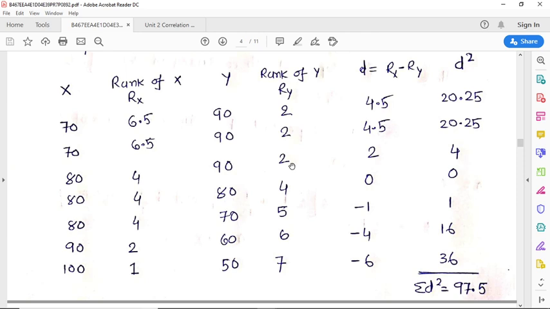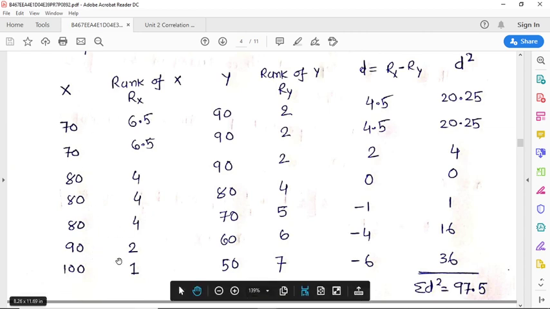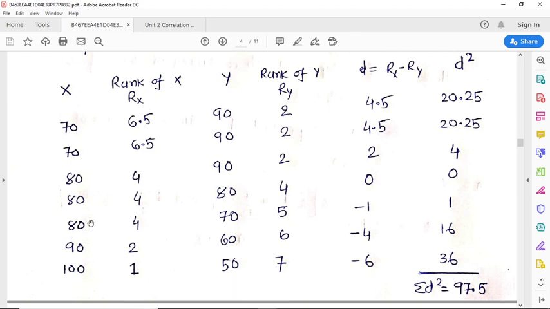So let us assign the rank, taking the highest value as 1. 100 is the highest value in this column, so assign 100 the rank 1. Then after that 90, so assign 90 the rank 2. Then 80 will be in the place of 3rd, 4th and 5th rank because it is repeated 3 times.